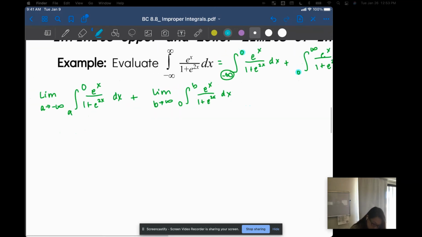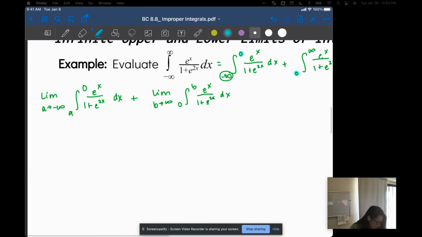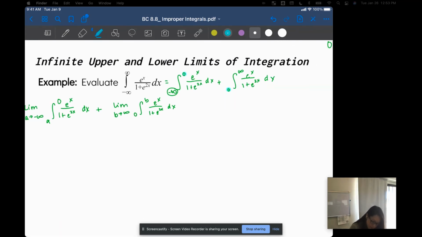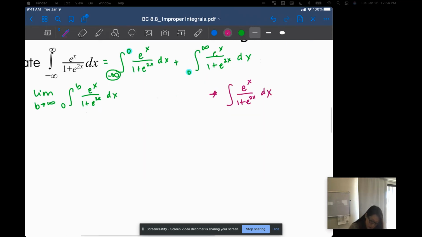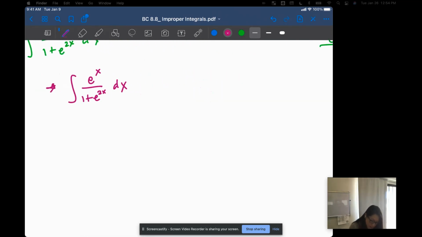Okay. All right. So I am going to take a look at just my integral on the side. So I have the integral of e to the x over 1 plus e to the 2x dx, and I'm going to figure out how to solve this. So I'm going to start with u is equal to e to the x, because I think I see something. The derivative of e to the x is e to the x dx, so dx is equal to du over e to the x.